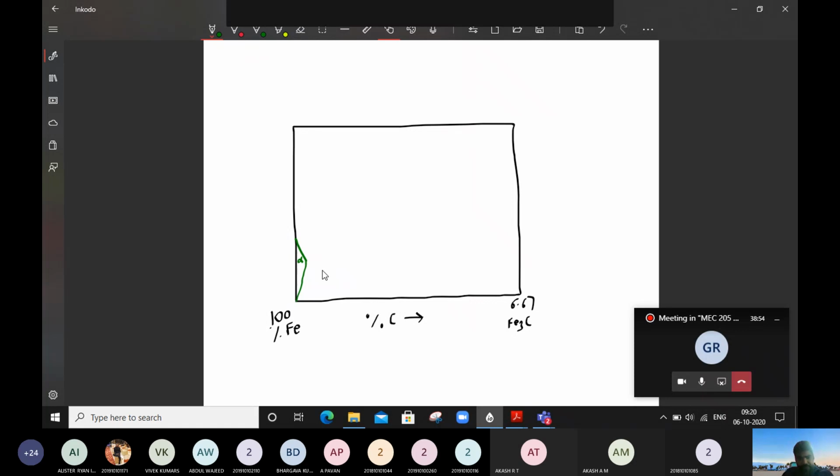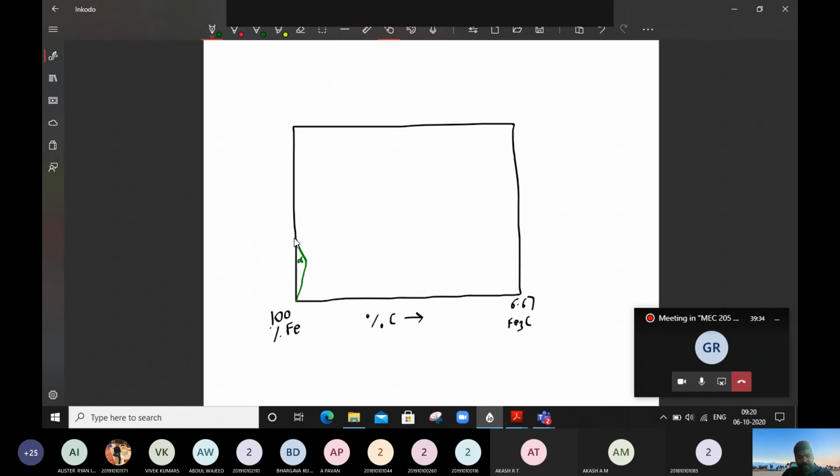If I ask you what is the maximum carbon in this alpha, then you can see this is the point where the composition is maximum. Everywhere else, you take this composition, it has this percentage of carbon. But this point has the maximum amount of carbon, and this is nothing but 0.02. So this alpha iron can accommodate only 0.02 percentage of carbon.